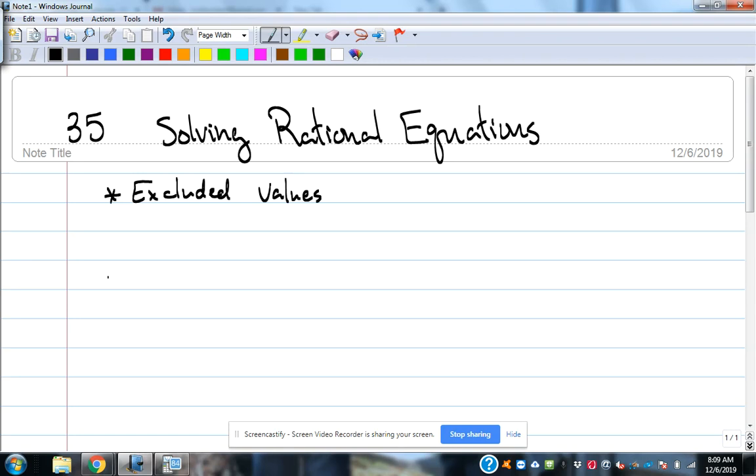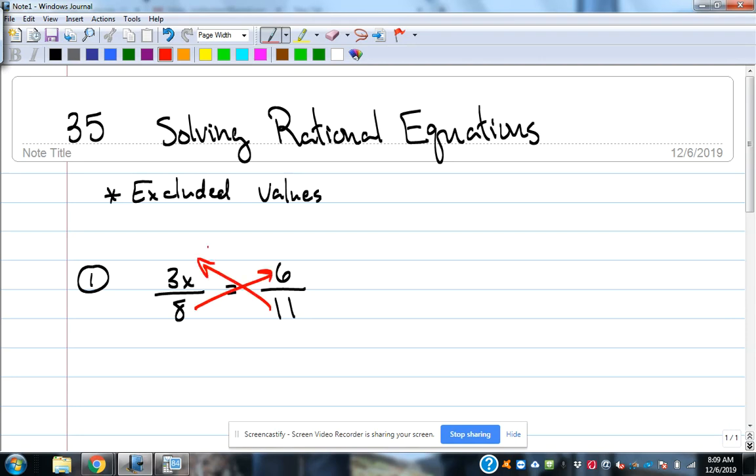So let's just start with something easy. So how would we normally solve that? Cross multiply. It's a proportion. It's a fraction equal to fraction.